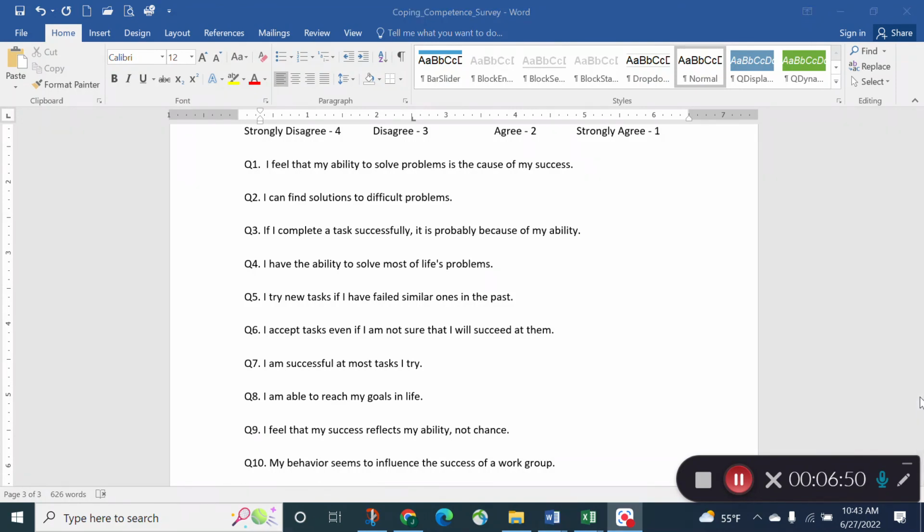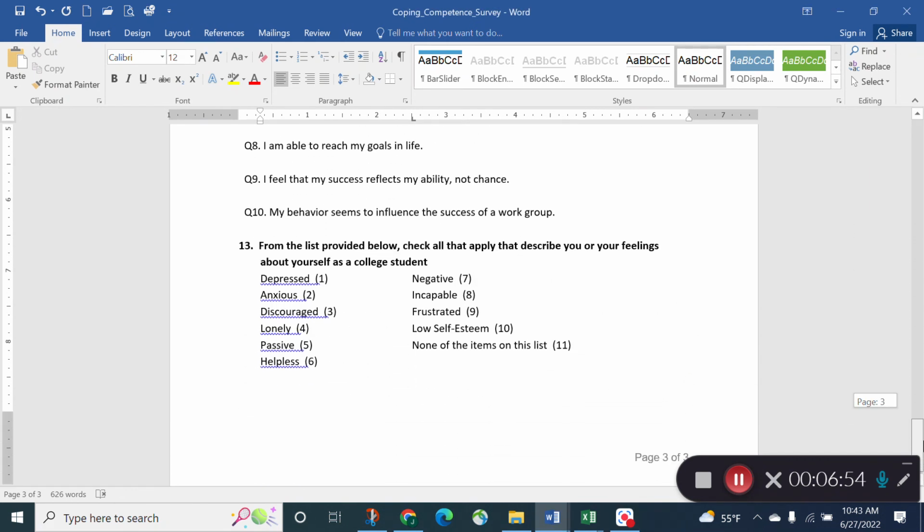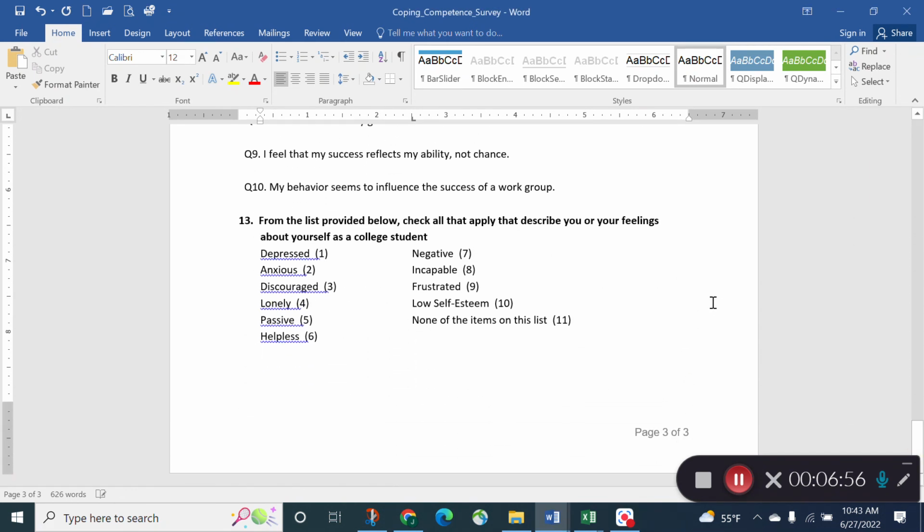And then there is a question 13 on here, and it just had them check all that apply. And so from the list provided, check all that apply that describe your feelings about yourself as a college student. Even though there are numbers in the parentheses there, those actually have no meaning. You're going to be analyzing data for 10 different people.